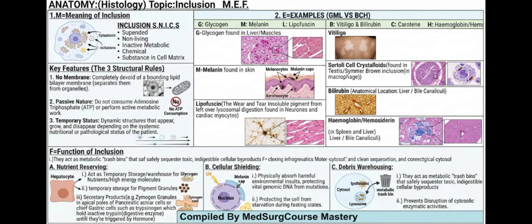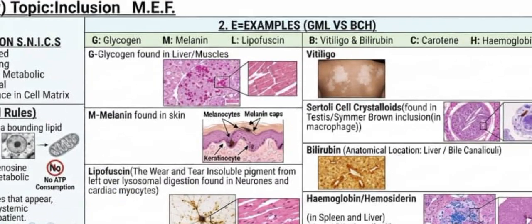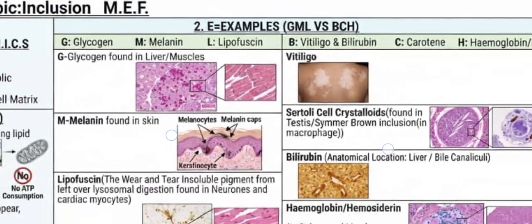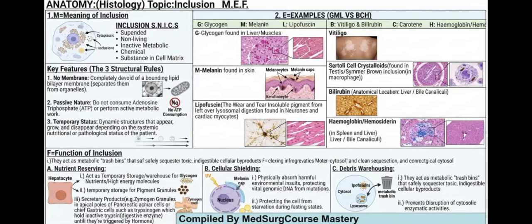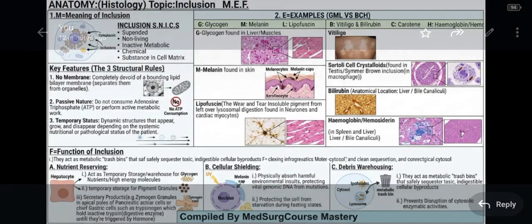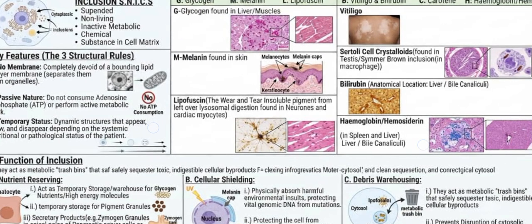V stands for vitiligo. You can see vitiligo on the skin. Vitiligo is of 2 types: there can be a physiological case and a pathological, clinical case.